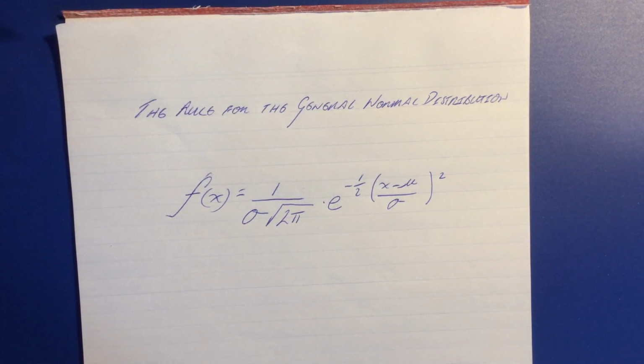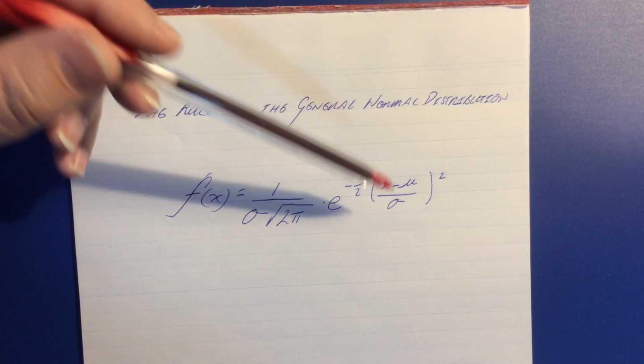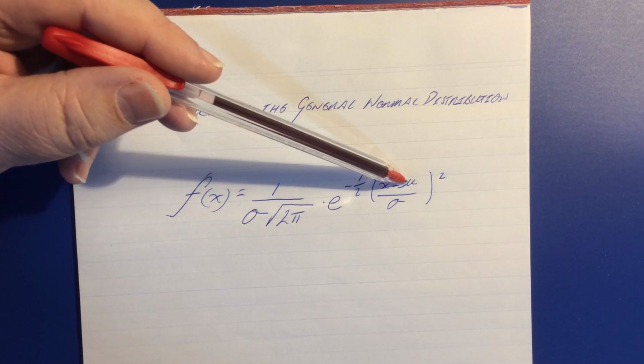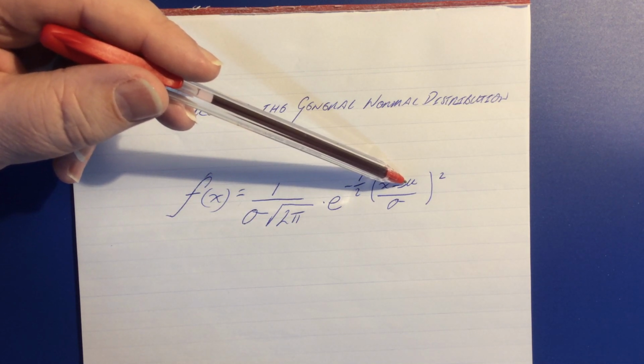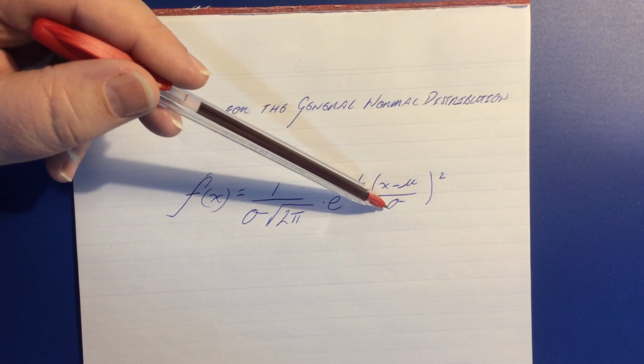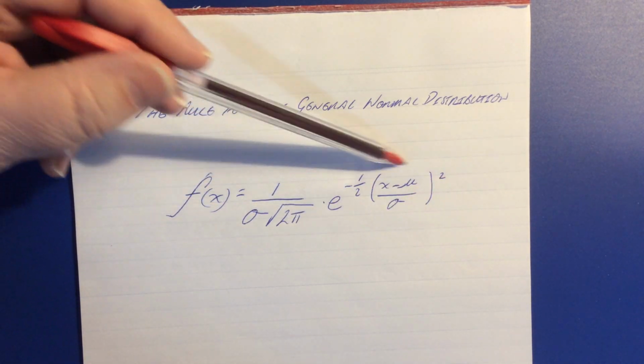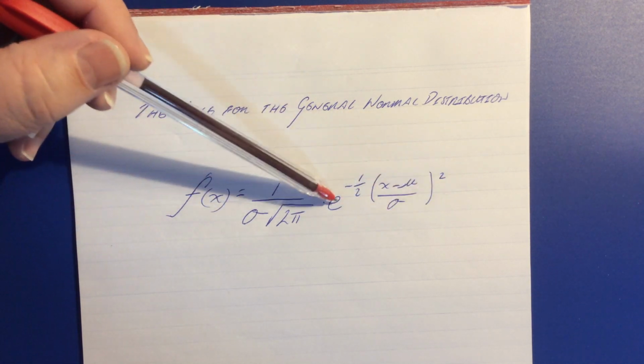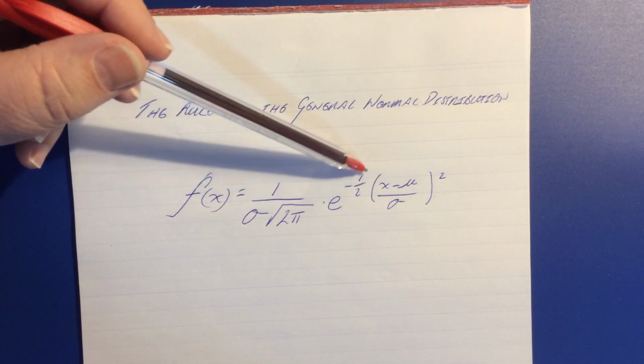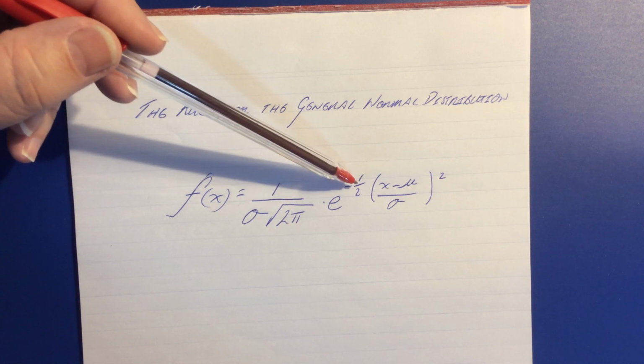If you haven't come across that before, there's a video in one of the playlists on the difference between a population and a sample. X with a bar across it is the mean of a sample. Mu is the population mean, meaning it's the entire group.